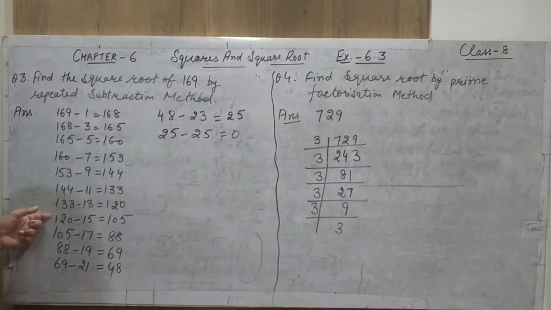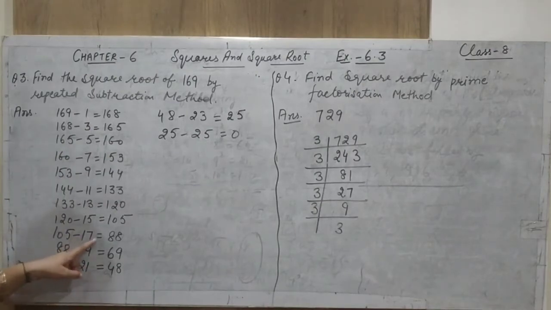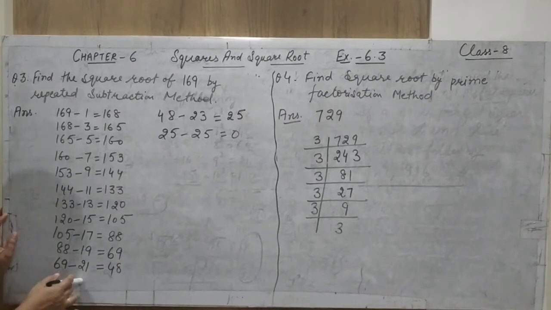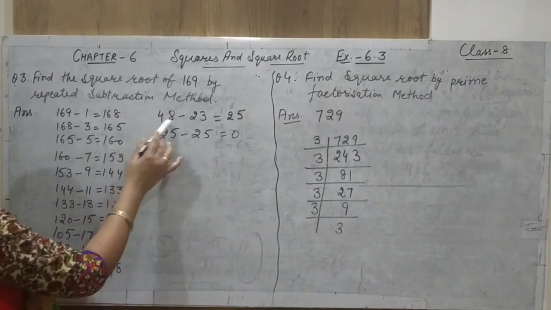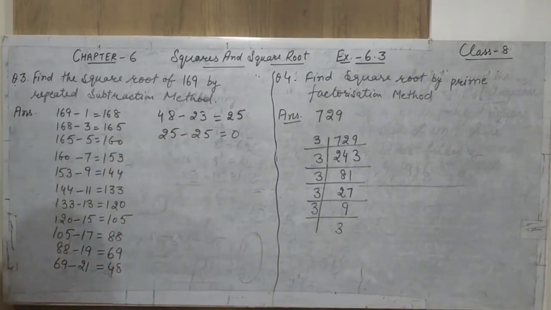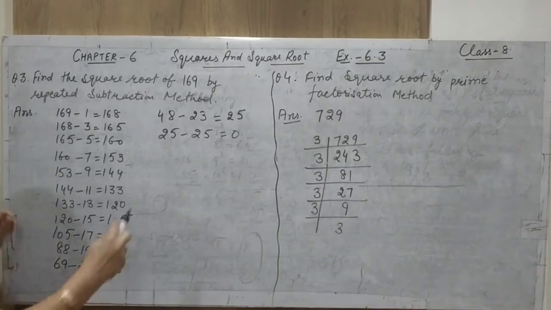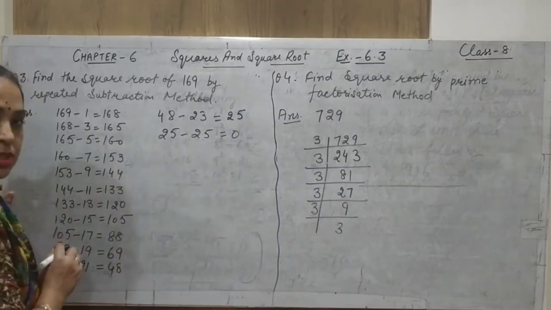Minus 13, 120. Minus 15, 105. Minus 17, 88. You see the successive odd numbers. Continue. 88 minus 19, 69. 69 minus 21, 48. 48 minus 23, 25. And finally 25 minus 25 equals 0.